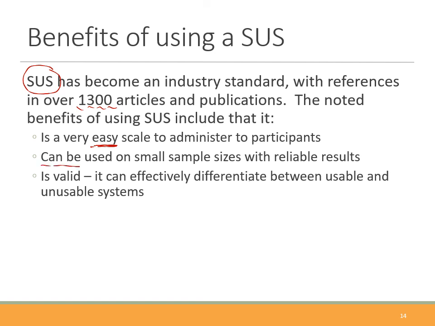SUS can also be used on small sample sizes with reliable results, so it doesn't mean that we need to conduct SUS with many hundreds or thousands of participants. A smaller size could still be reliable. And SUS is also valid, which means it can effectively differentiate between usable and unusable systems.